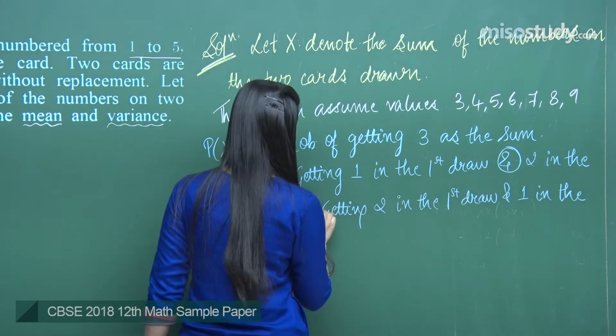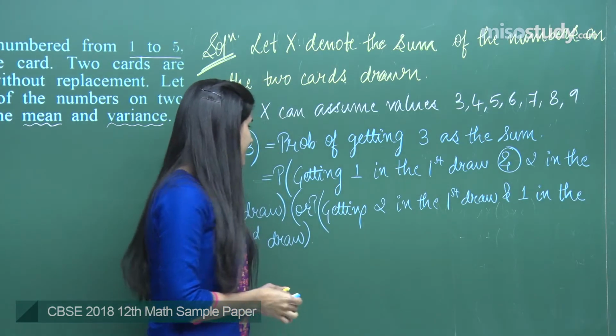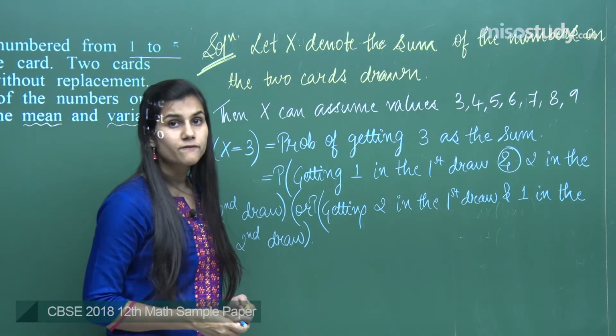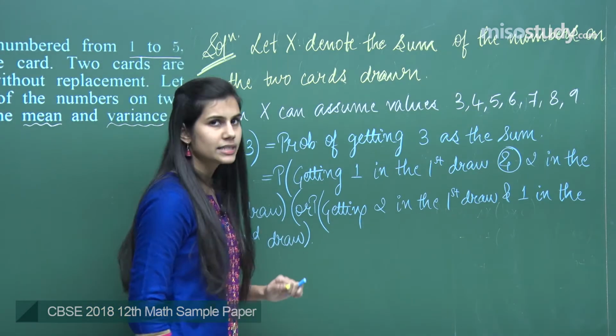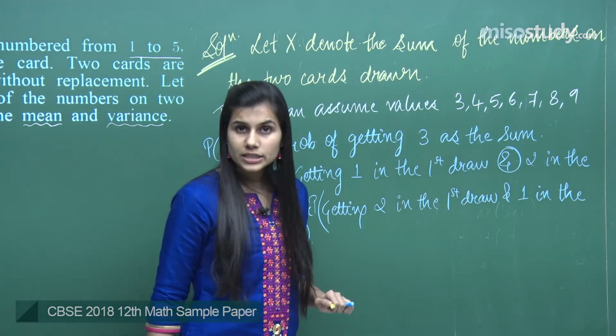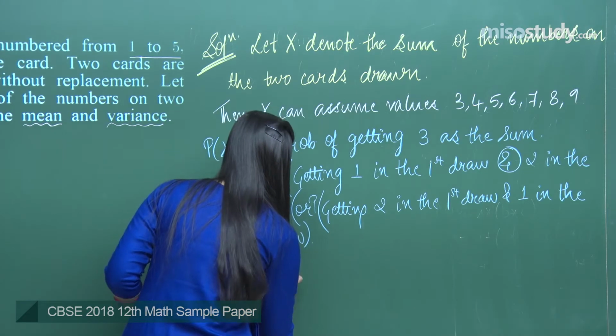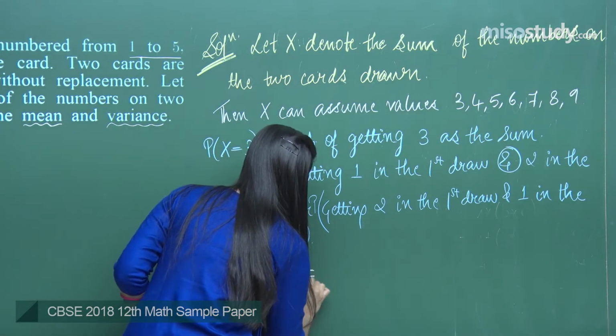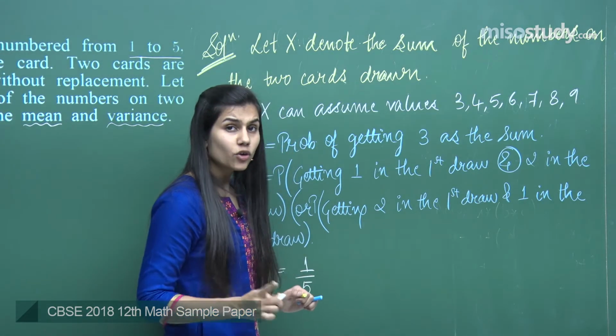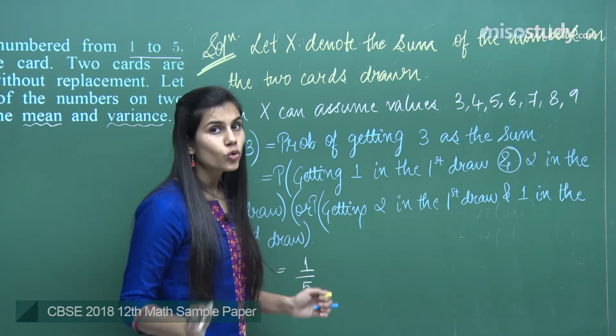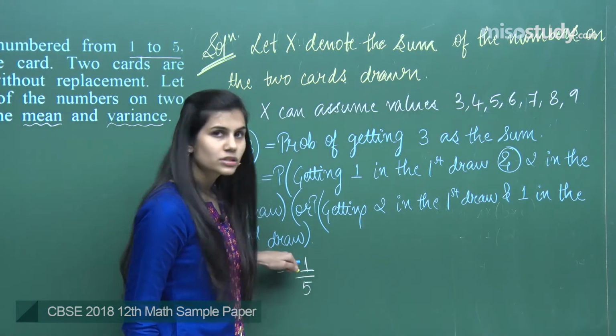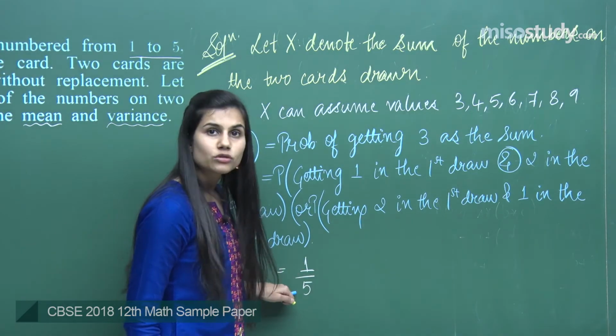Well, basically, if I am saying probability of getting 1 in the first draw and 2 in the second draw. So 1 in the first draw means what? Now 1 is written on exactly one card and there are totally 5 cards. So my favorable outcome is 1 and the total number of outcomes are 5.